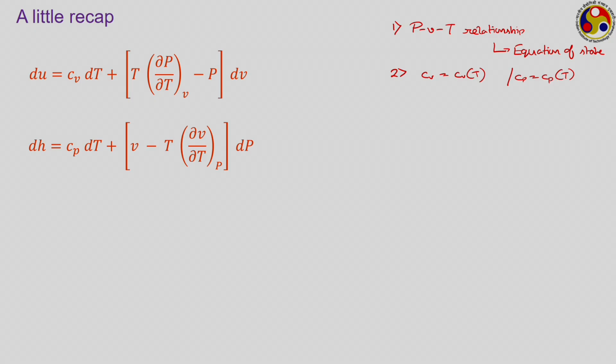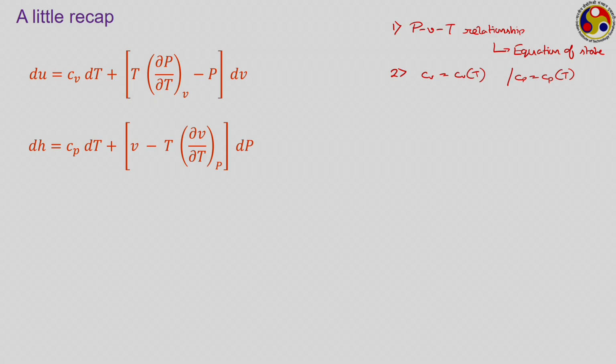And also, as we have seen in our example problems, it is not generally required in a particular problem to make use of both the relations. We can always use the relationship between specific internal energy and specific enthalpy to calculate one from the other.